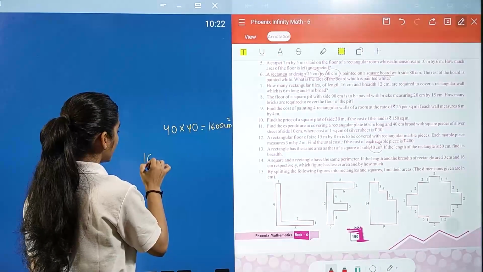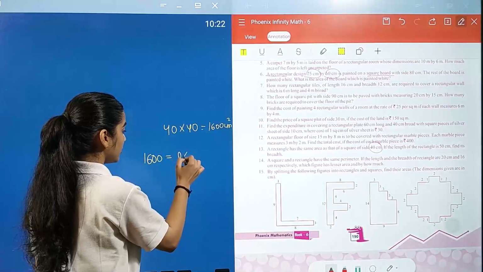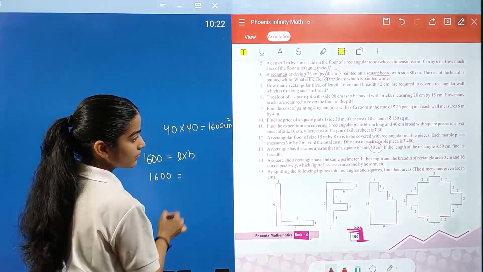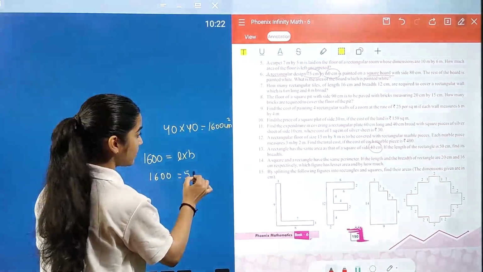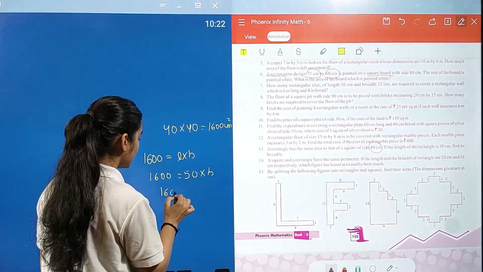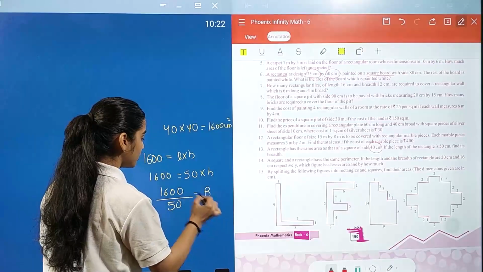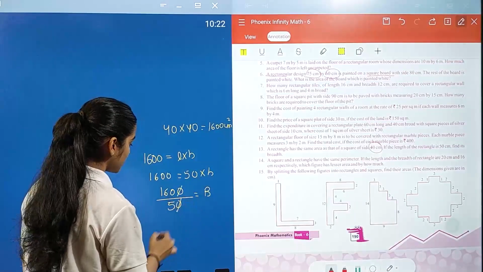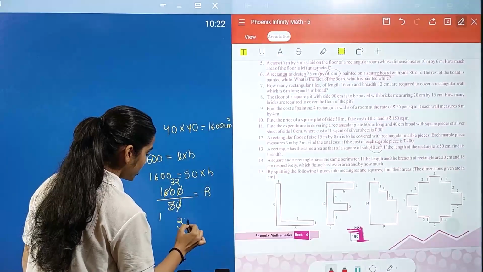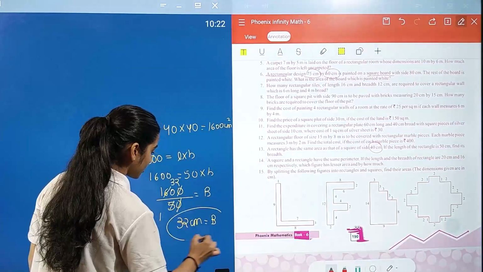Now place this area equal to the rectangular area, L into B. Here the length is 50, so 50 multiplied by B. Now 1600 divided by 50 gives your breadth: 0 is cancelled with 0, and you get 32. So 32 centimeter is your breadth.